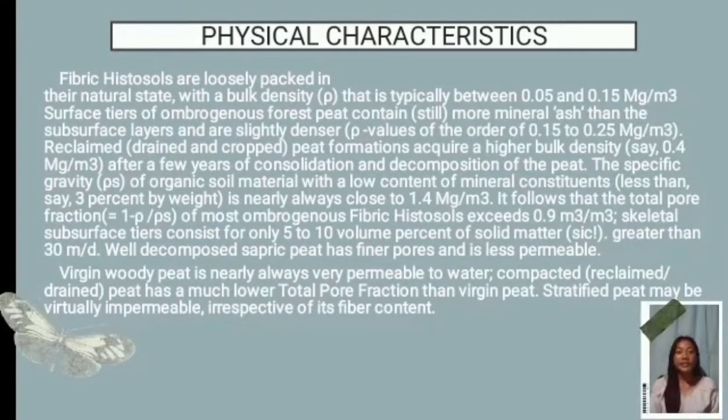Physical characteristics of histosol. Fibrous histosols are loosely packed in their natural state, with a bulk density that is typically between 0.05 and 0.15 mg per cubic meter. Surface layers of homogeneous forest peat contain more mineral ash than the subsurface layers and are slightly denser.